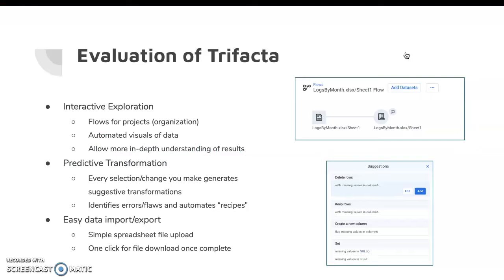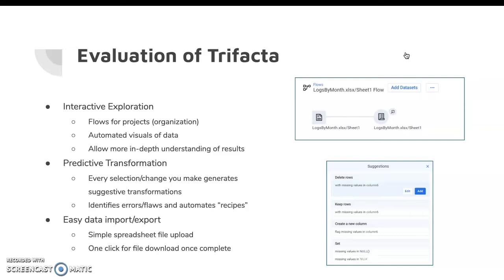So it starts with interactive exploration. When you import data, let's say you import an Excel sheet or a CSV file, it'll create a flow for that project you're working on. It will list out the data prior to cleaning it, and then after, it'll show you the finished product, which you can see on the right there.